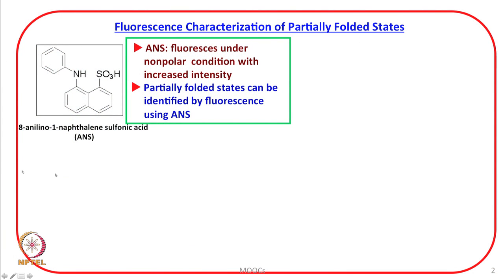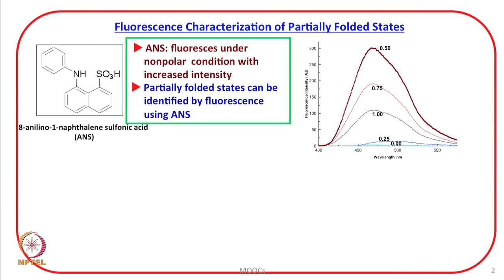Let us take a look at the comments. ANS fluoresces under non-polar conditions with the increased intensity because of the interaction of the non-polar moiety with the non-polar acceptors. That is why the partially folded states can be identified by fluorescence using ANS.